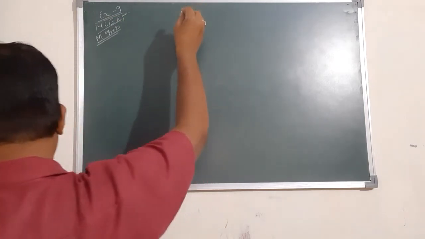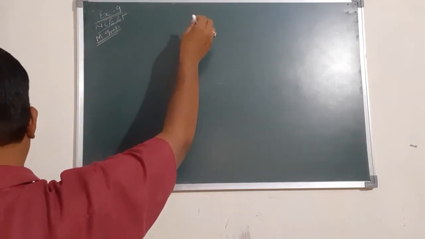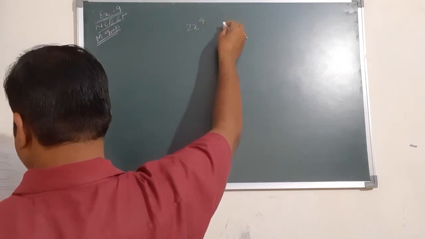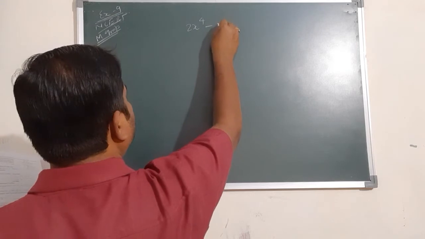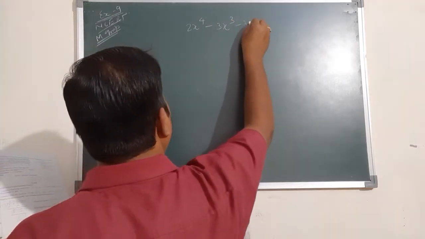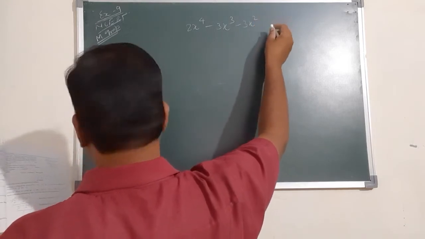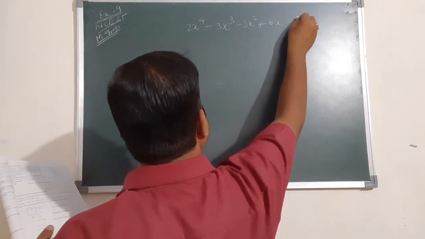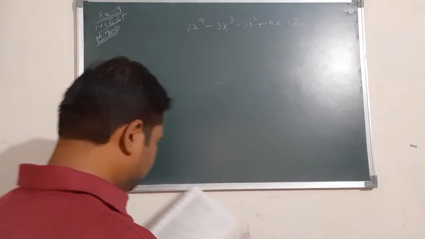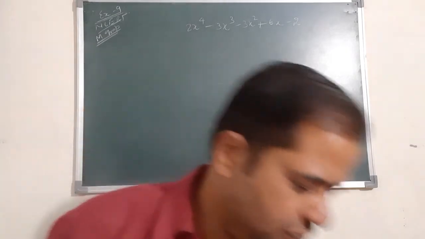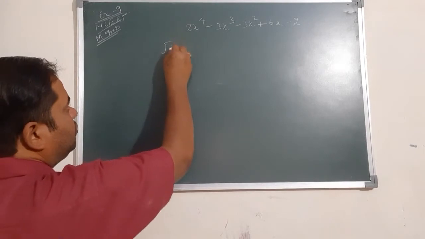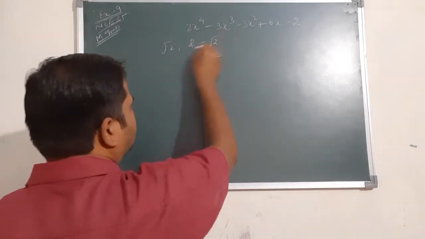So see, find all zeros of polynomial 2x power 4 minus 3x cube minus 3x square plus 6x minus 2, if you know that two of its zeros are root 2 and minus root 2.